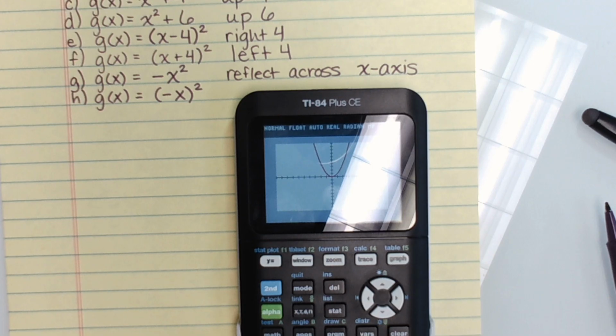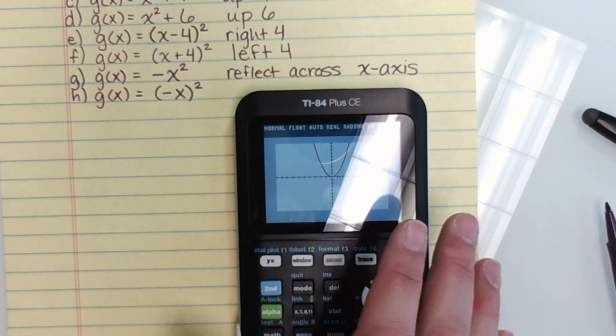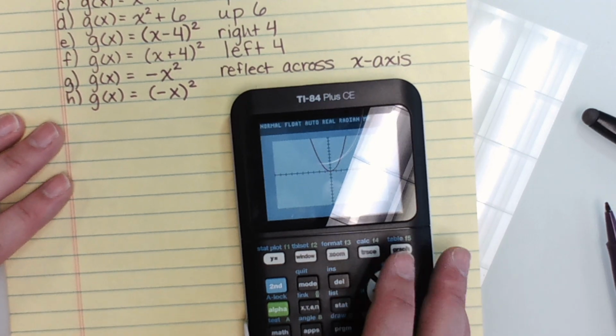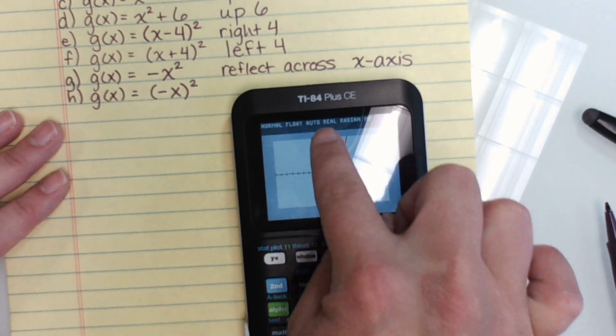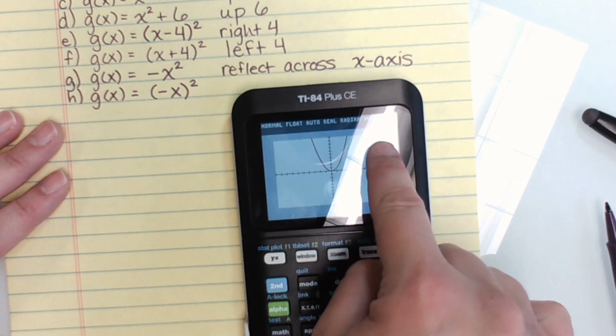It doesn't appear to have changed, but it actually did. The reason it doesn't appear to have changed is because a quadratic graph is perfectly symmetric. It flipped across the y-axis. The part that was here went over here, the part that was here went over there.